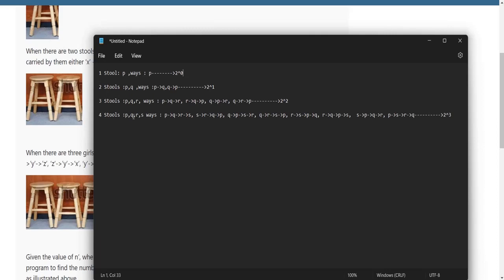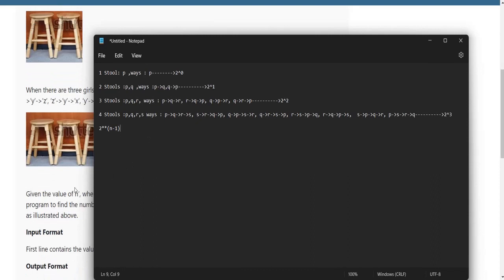So here the number of stools was 4 and the number of ways is 8. So the power of 2 is 3, which is equal to 4 minus 1. So here we can say that the number of ways to arrange n milk pots or n stools is equal to 2 power n minus 1, where n is the number of stools.